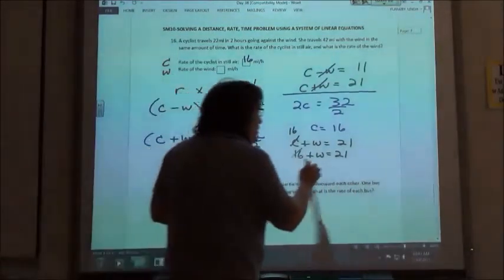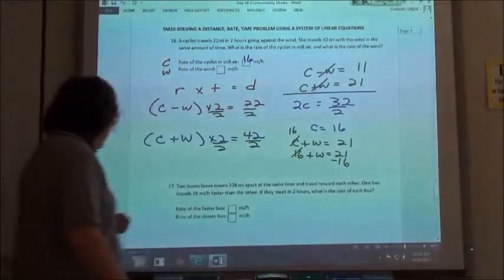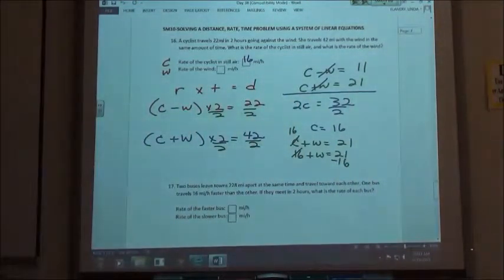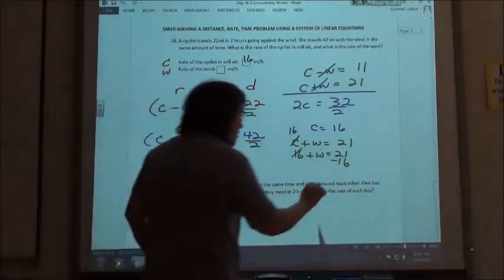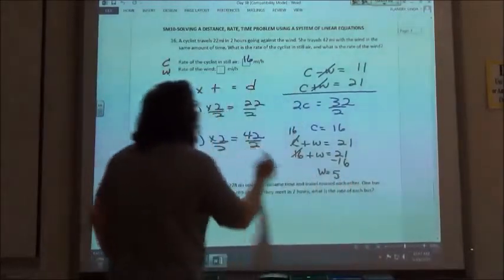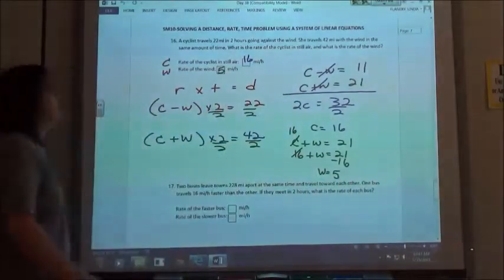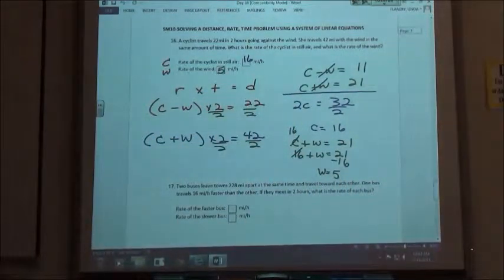Then all I have to do is subtract. If I subtract 21 minus 16, I'm going to get 5 for my answer. So the cyclist is going 16 miles an hour, the wind is going 5 miles an hour.